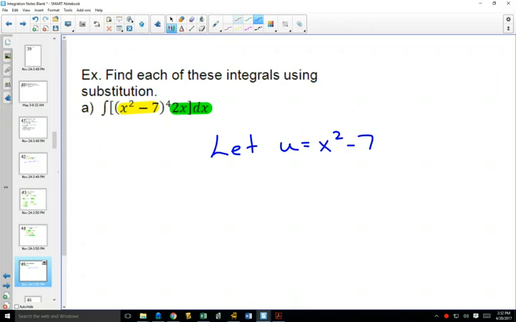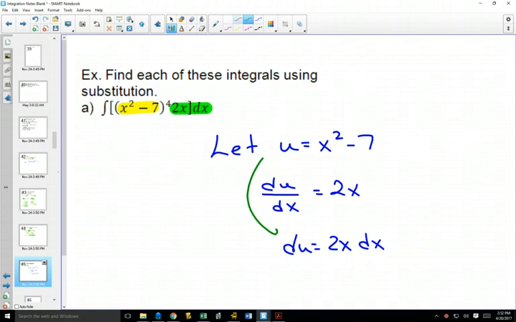Then the derivative, du dx, would be 2x. A little bit of hand waving, and we just say, well, then 2x dx is equal to du. Most of the time when you're doing this, you'll probably take the derivative and skip right from here to here right away.